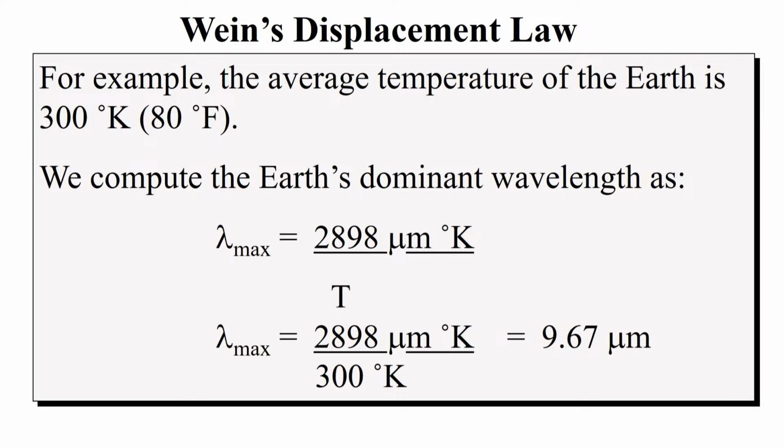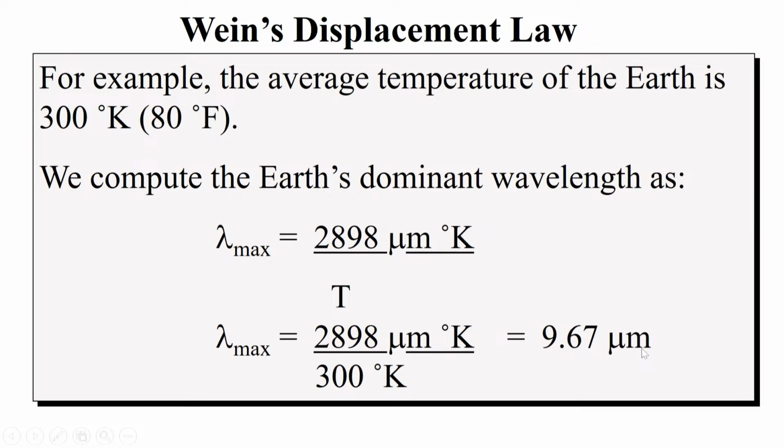So when 300 degrees Kelvin is put in, the dominant wavelength comes to 9.67 micrometer. So when we get 9.67 as the dominant wavelength for the Earth surface, it means that we should always select the wavelength near 10 micrometer for Earth observation, because the dominant wavelength is 9.67.